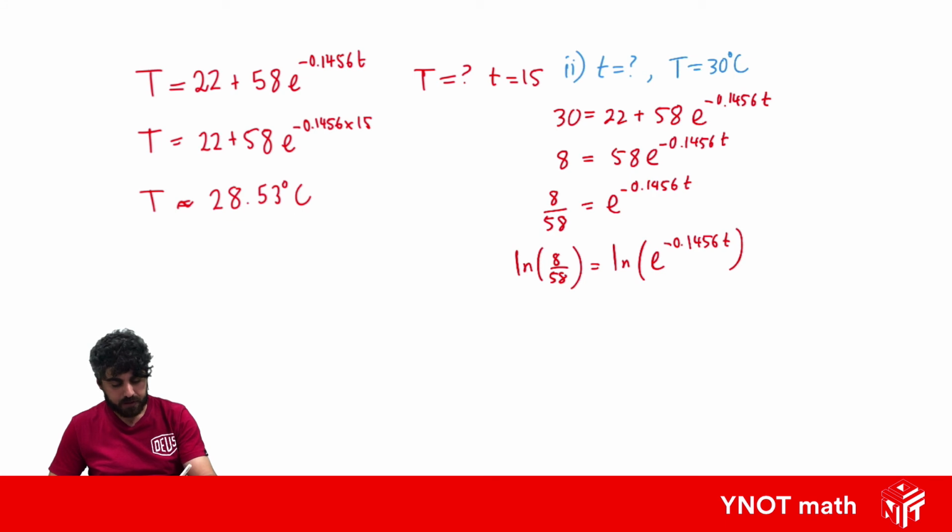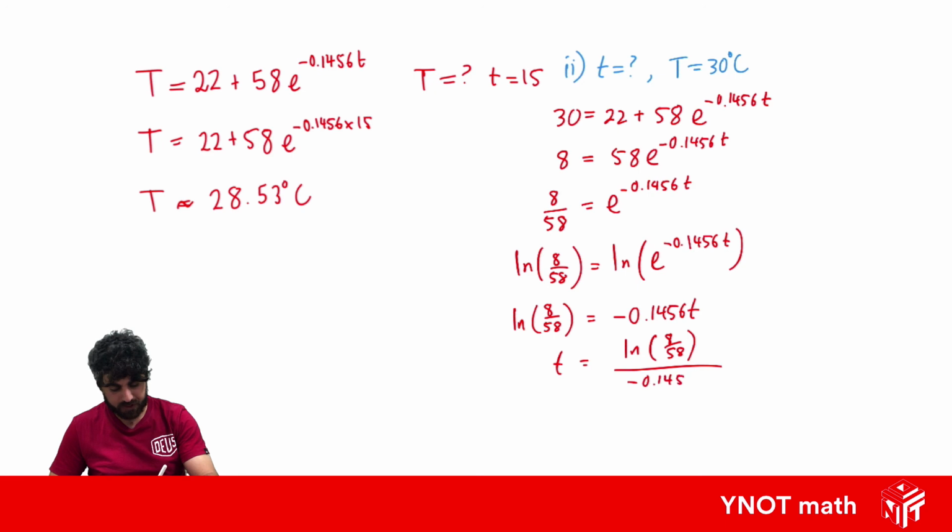We can bring that power to the front. So we get minus 0.1456t. Then we just get the ln of e, which is 1. Finally, divide both sides by that decimal. So we'll just get t equals the ln of 8 over 58 over minus 0.1456. And that's going to equal about 13.6 minutes.